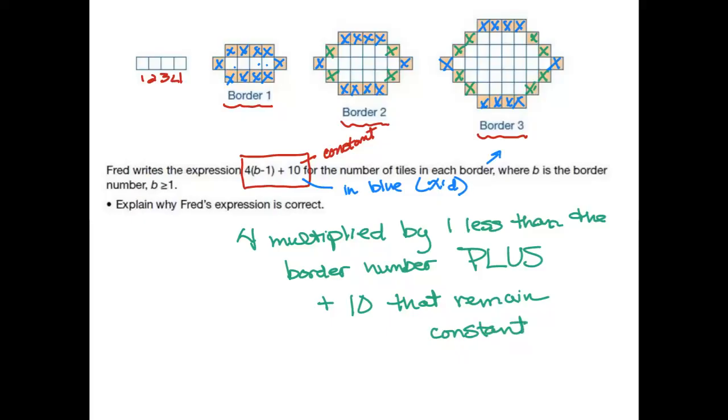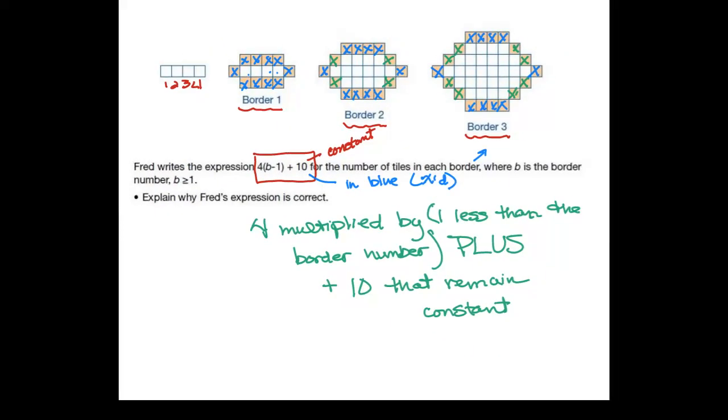Okay? So it's 4 multiplied by 1 less than the border number plus the 10 that remained constant. And that is going to work for you.